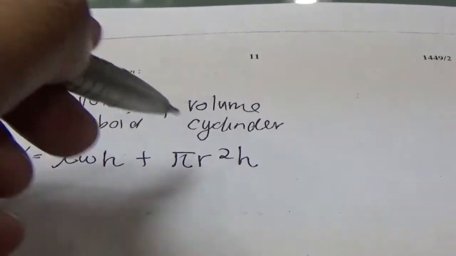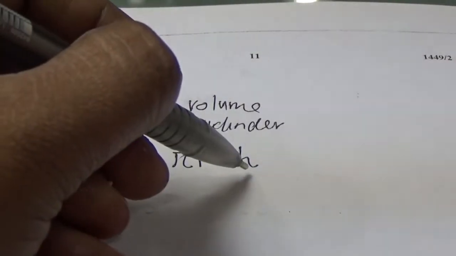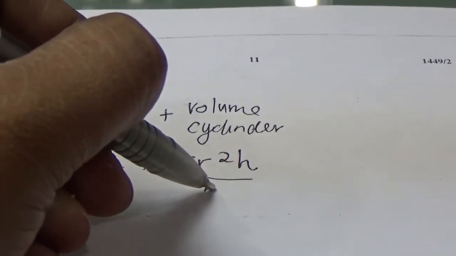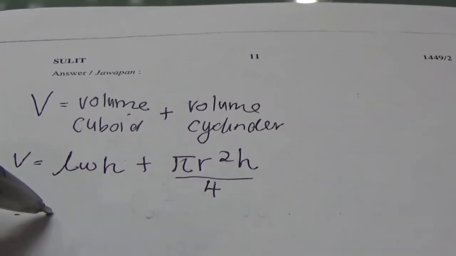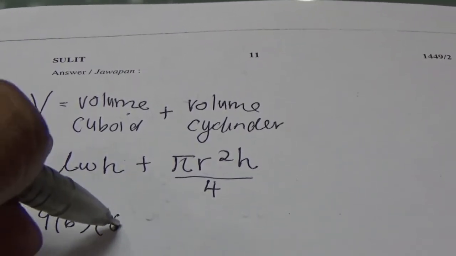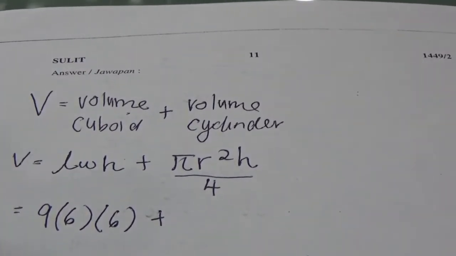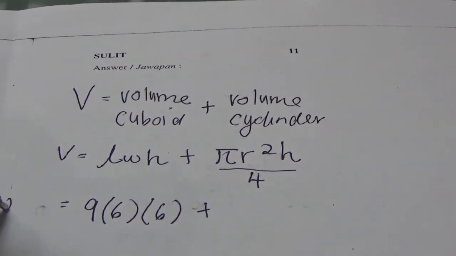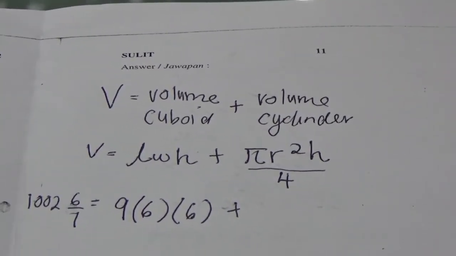This is a whole cylinder, and for your question it is given as a quarter cylinder, therefore we have to divide by 4. So length is 9 centimeters, width 6, height 6, plus, and the volume given as 1002/6/7 total volume.